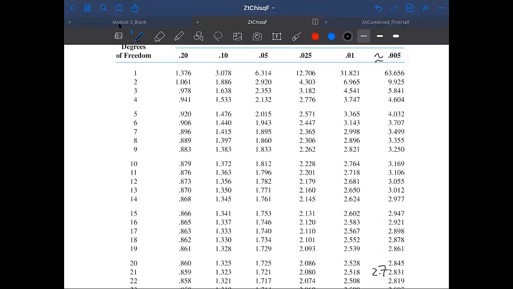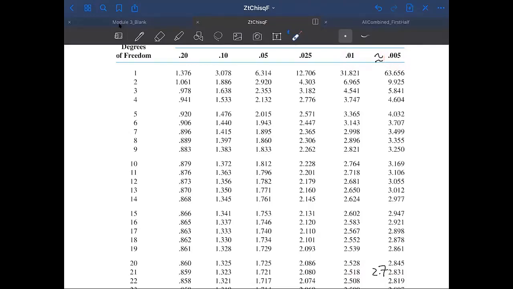But some other people may say it's going to be between 0.01 and 0.005, because 2.7 is between 2.518 and 2.831, right? So similarly, the upper tail for 2.7 is going to be between 0.01, that's 1%, versus 0.005, right?